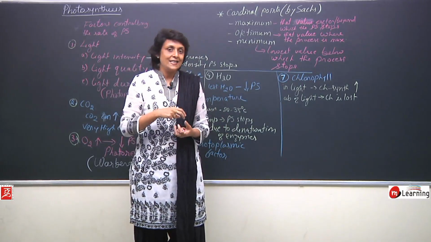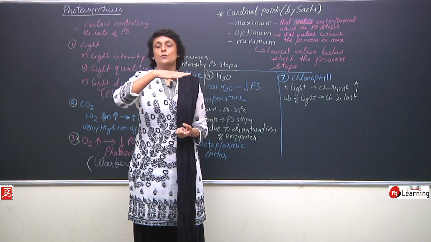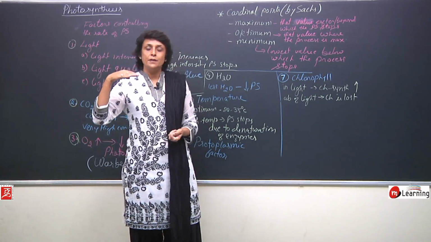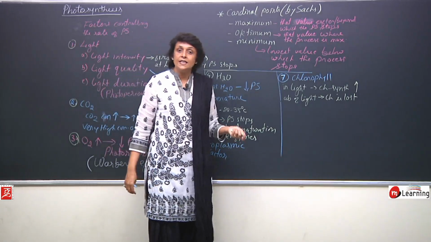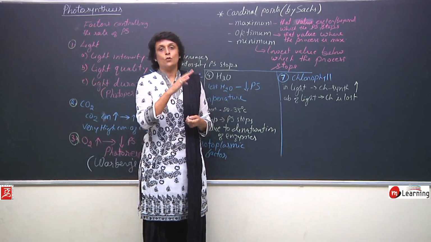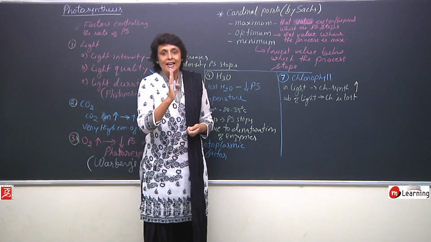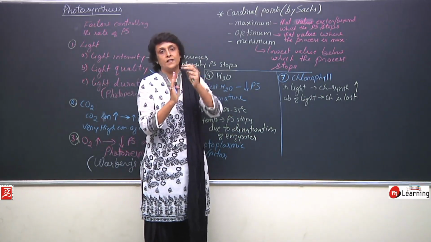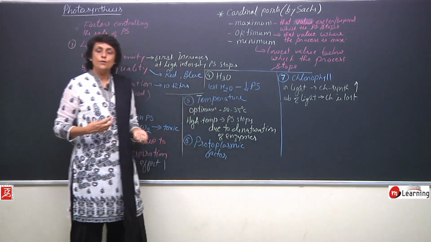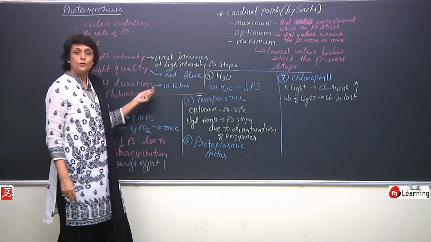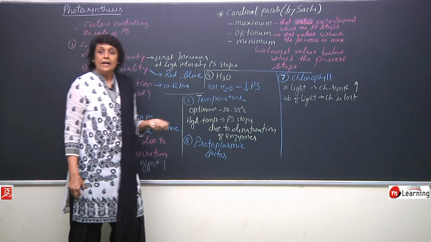If the light intensity is less, the chloroplasts will get arranged parallel to the epidermis so that more and more light can be absorbed. If light intensity is high, then the chloroplasts get arranged at right angles to the surface. So only little surface is available for photosynthesis. So these are also factors which affect the rate of photosynthesis.